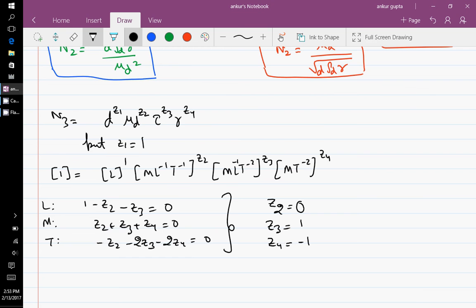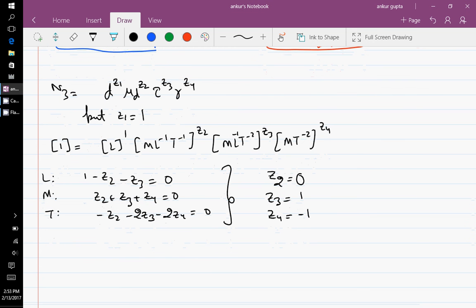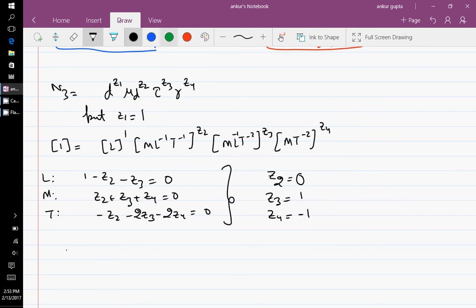In other words, we are saying that n3 is actually equal to d into tau by gamma, and you can verify that. This is quite straightforward for you to verify. You can again verify that this is dimensionless.